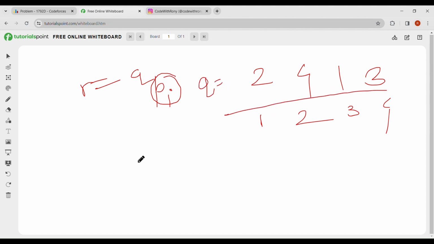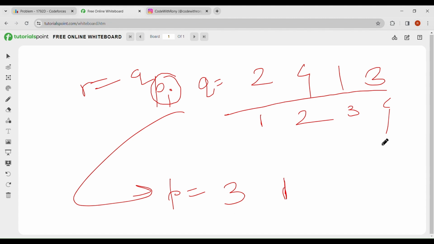The required p to get the maximum value is: the first index is 3, then the second index is 1, then the third index is 4, and the last index is 2. To get the maximum value, you require values closer to this value, the p's value. From this we get that we need to form the values according to this value.